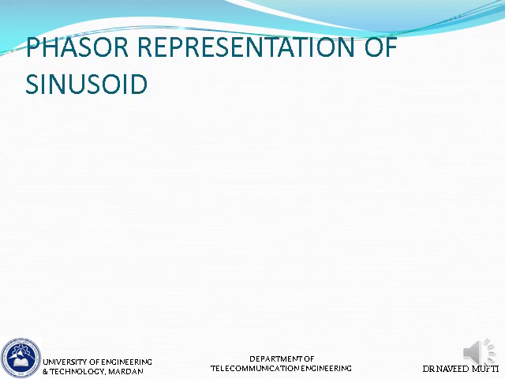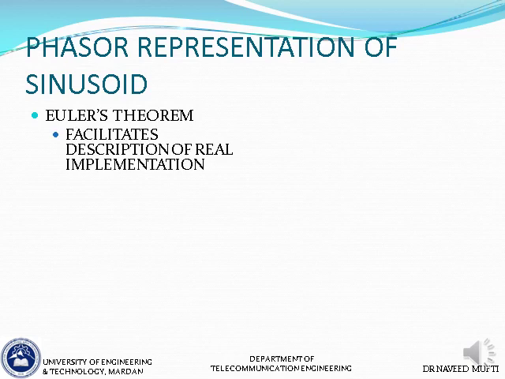Okay, so let us quickly recap the phasor representation of a sinusoid. We are well conversant with a very well known trigonometric identity called Euler's theorem, through which we introduce the complex notation of a sinusoidal carrier wave, which we know is represented as e raised to power j omega naught t, which is equal to cos of omega naught t plus j sine of omega naught t.